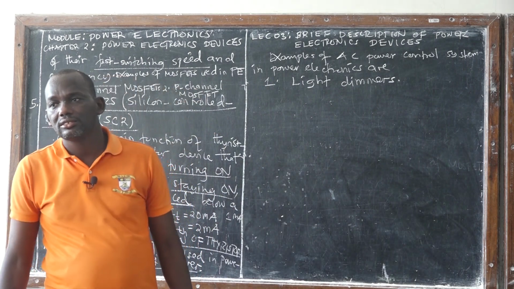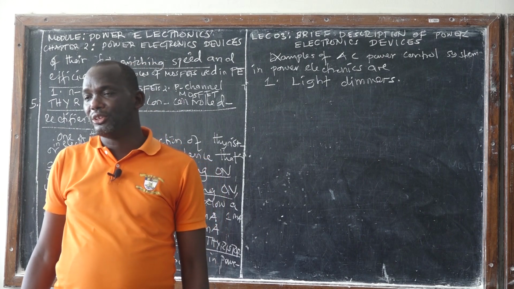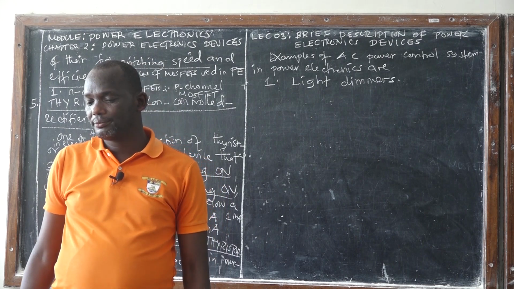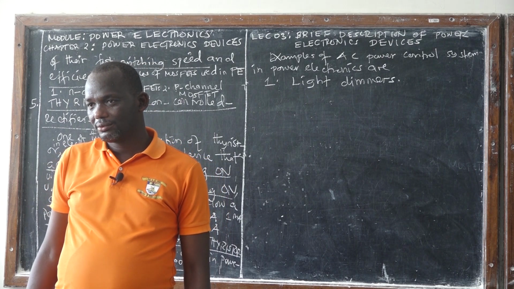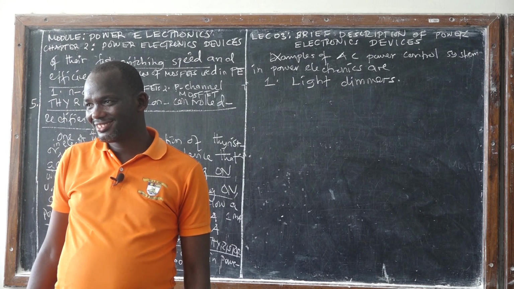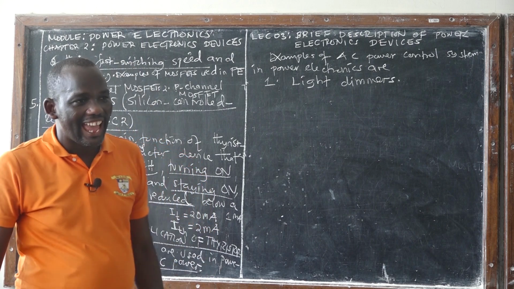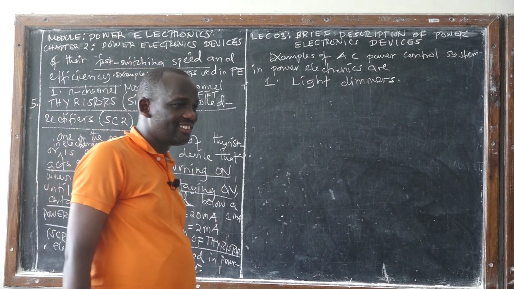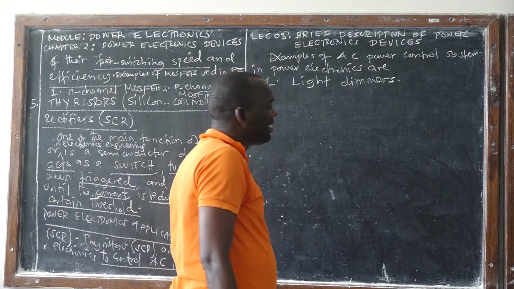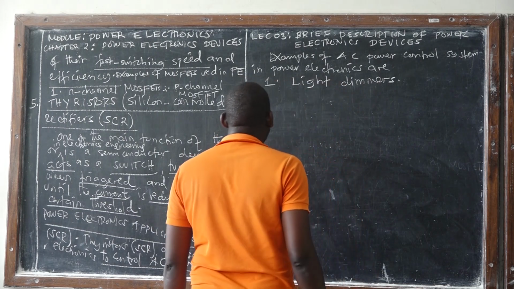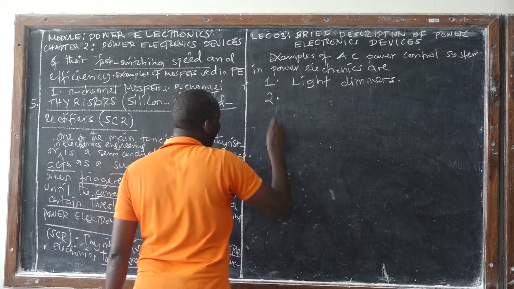Again. Do you know them? Ask your neighbor. Do you know a light dimmer? Wait for the response. The answer is yes or no? Light dimmer is blue.